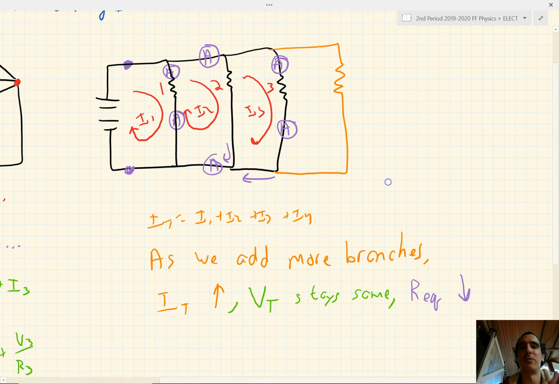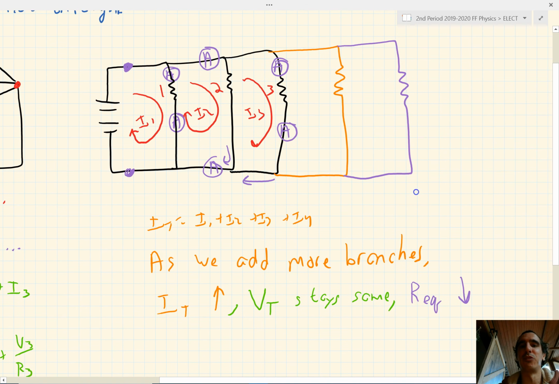Now also, if we look at our parallel circuits, let's just add one more for the sake of looking at what happens if we want to look at the brightness of the bulbs. When we add another branch, so now we have a 5th one, the current that goes through the 4th, 3rd, 2nd, and 1st stays the same. The potential difference that goes through each individual resistor stays the same.